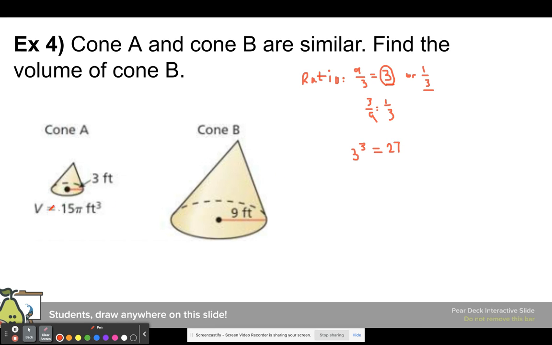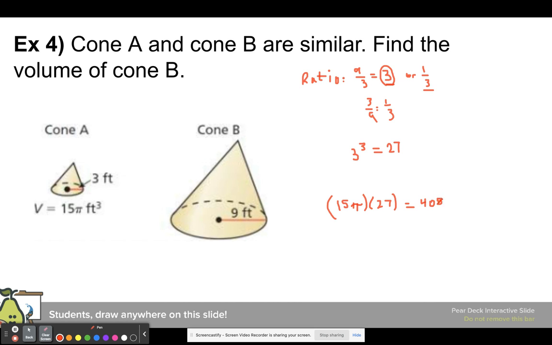So when we take the volume that we know of cone A, 15 pi, we should then be multiplying that by 27 in order to find our solution for what is the volume of cone B. When you multiply 15 and 27, that gives you 405 pi.